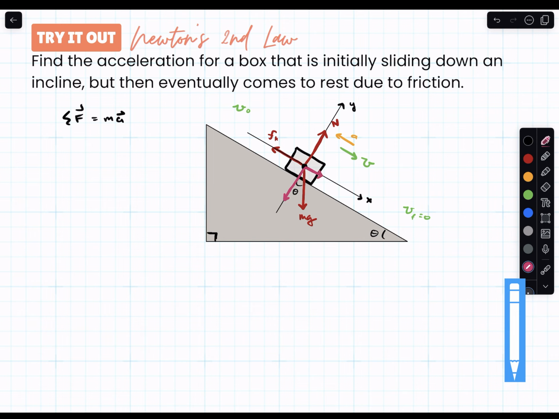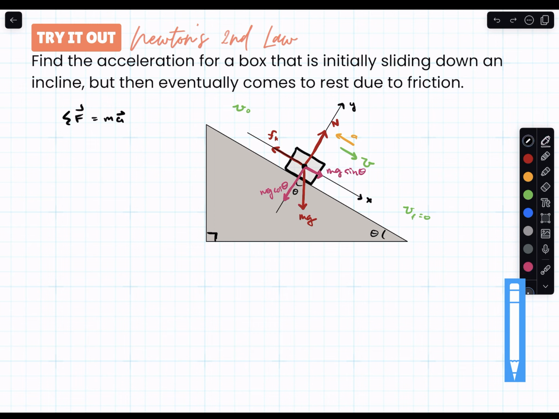So this will be, because this one is adjacent to your angle theta, mg cosine theta. And the one over here, since it would be the one over here on the triangle, is going to be mg sine theta. And now we've basically gotten rid of this vector and broken it into two different vectors.